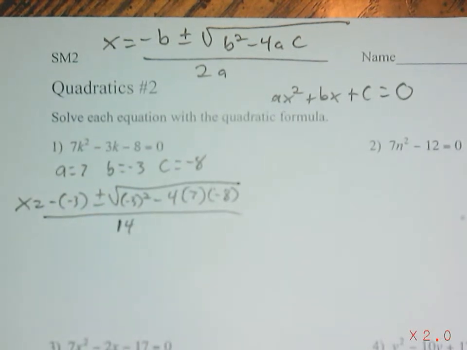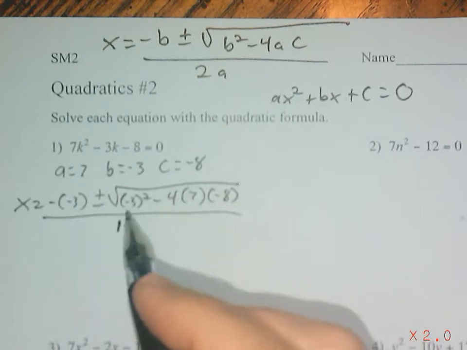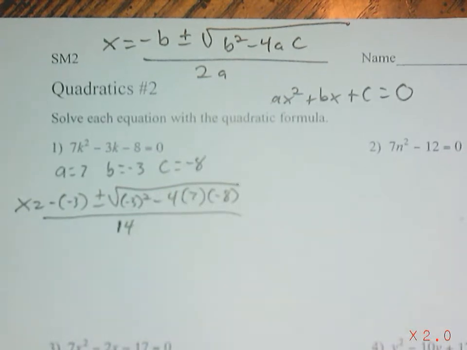Okay, now let's figure out our discriminant first. So what's underneath the root? Negative 4 times 7 is negative 28, times negative 8 is positive 224, and then negative 3 squared is 9. So add 9 to that, and I get 233.